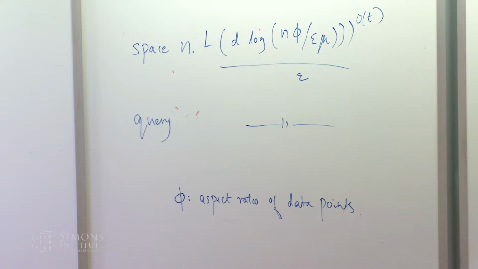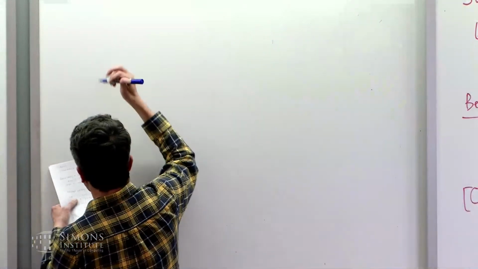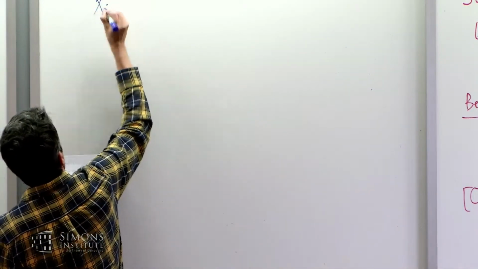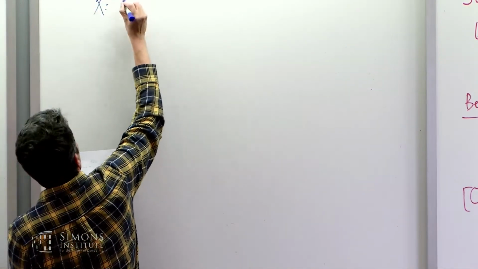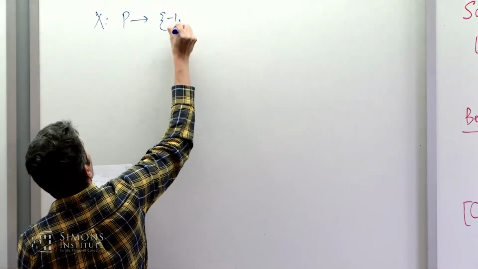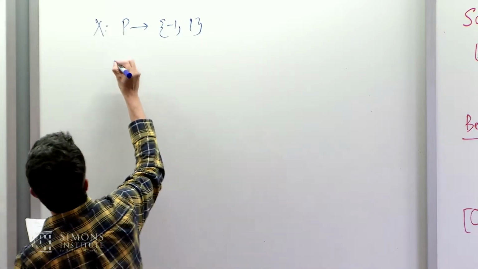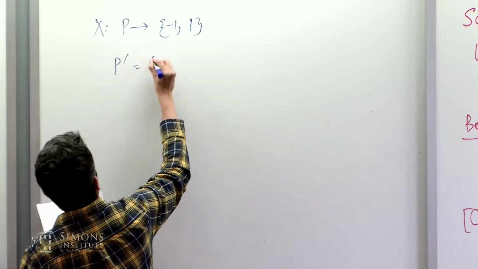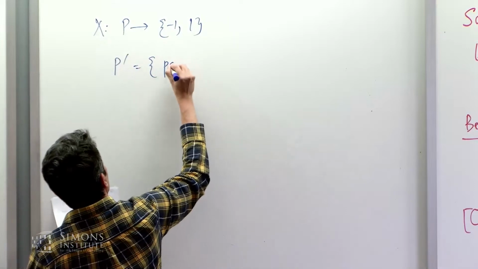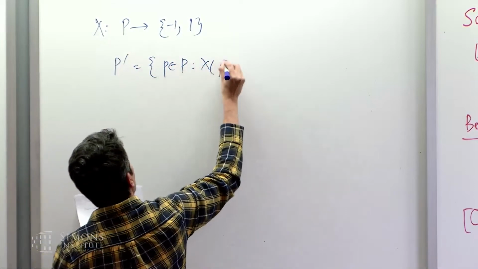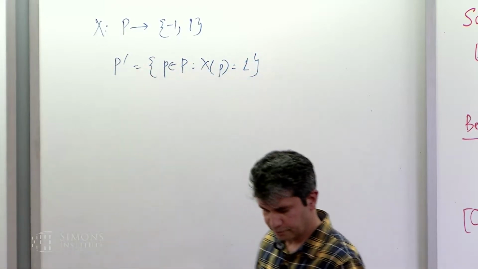Okay. All right. So I said you're going to think of sampling the data as repeatedly subsampling. And each subsampling step can be thought of as a coloring of the data into two sets, +1 and -1. So think of a coloring which assigns to every point -1 or 1, and let's think of P prime as those points that get assigned color 1.